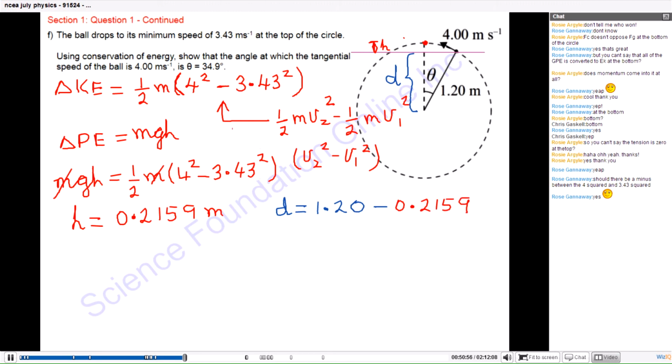And that gives us what? When we do this subtraction here, that gives that distance there as being 0.984.